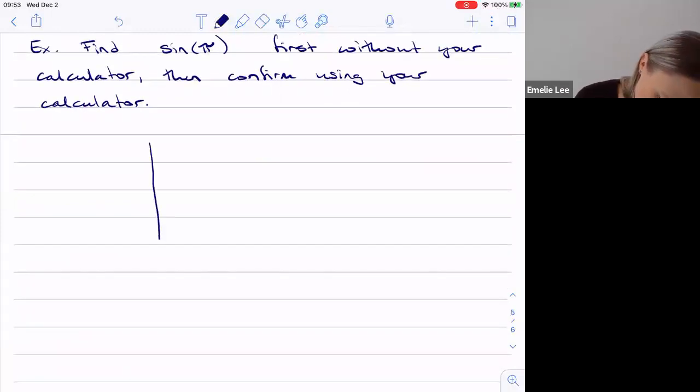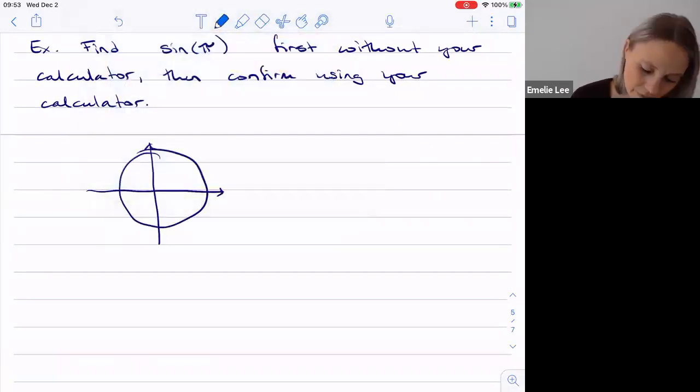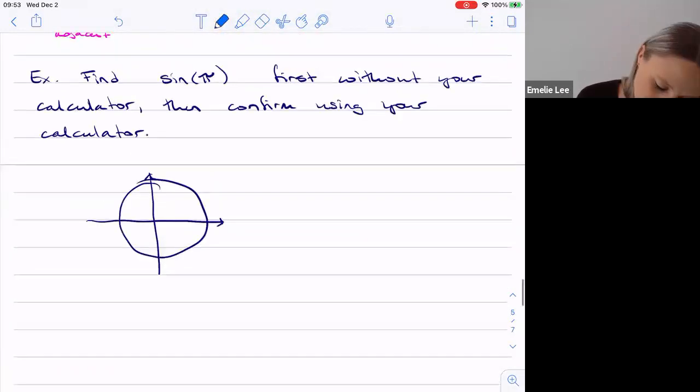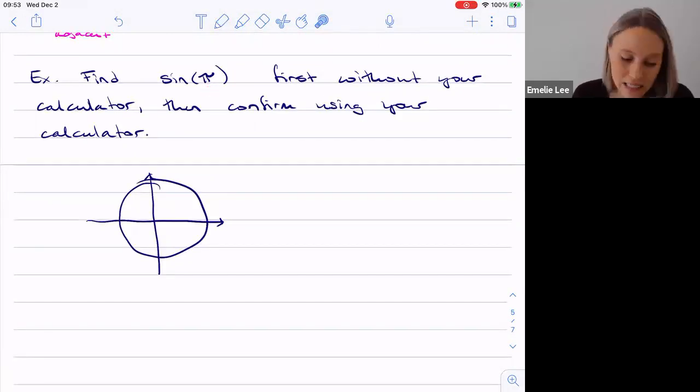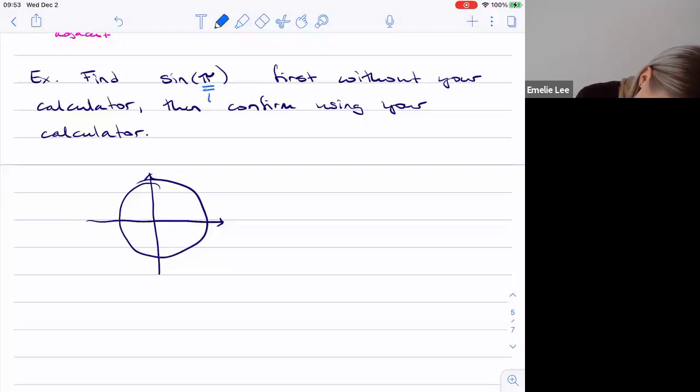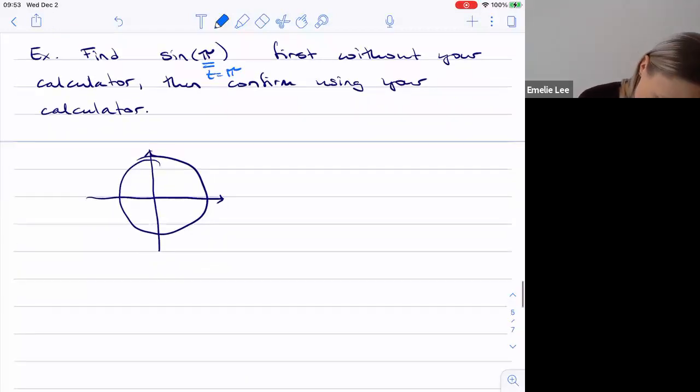So we can draw our unit circle. We're going to do a lot of these, okay? And I know that if I move pi, so here, pi is my t, t equals pi. So if I move a distance of pi, I end up here.